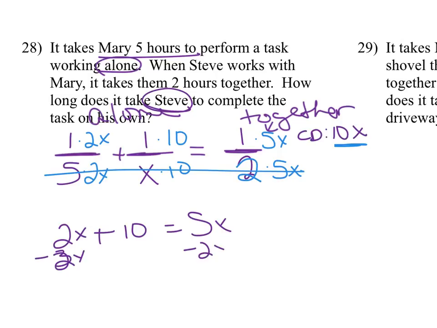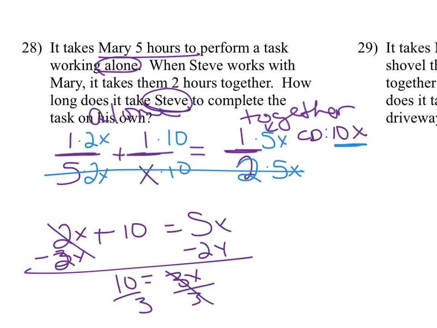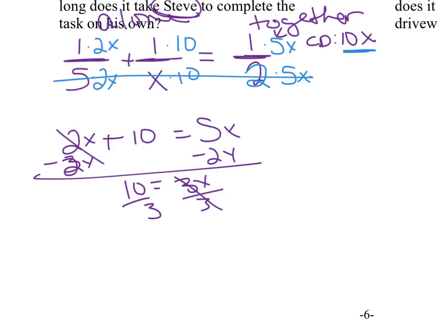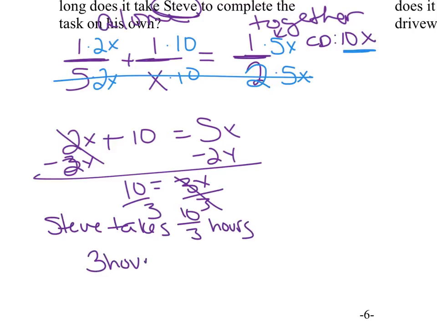Sorry, I was doing the answer there. 10 equals 3x, divide by 3. It's 10 over 3 hours. So it takes Steve, remember, 10 over 3 hours. You can think of this in minutes. It's 3 hours and 20 minutes.